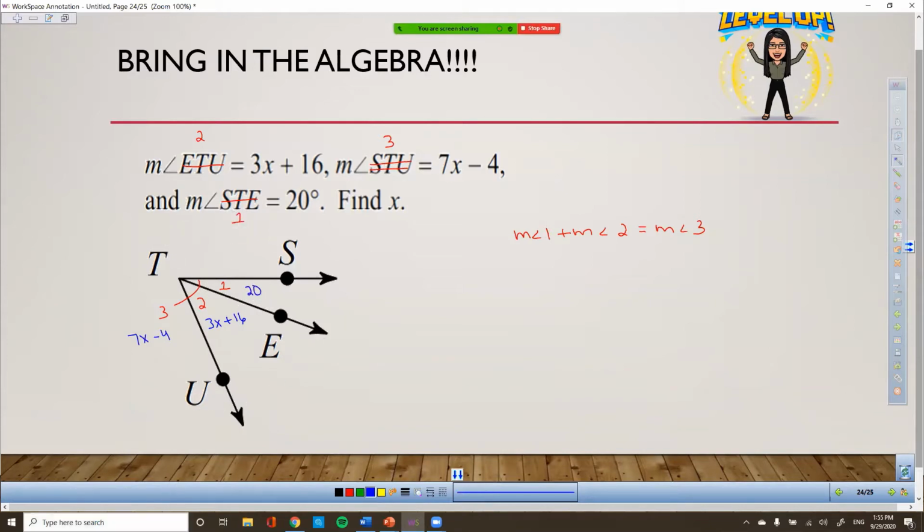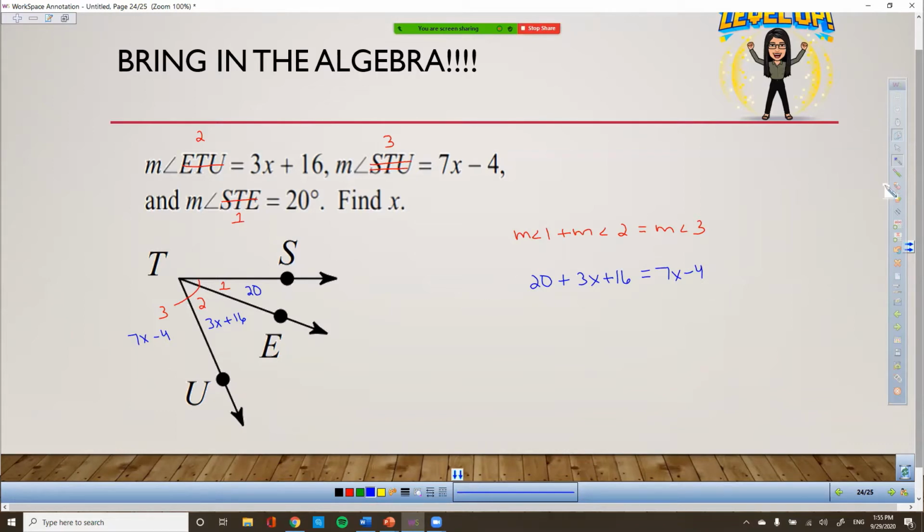They want me to solve for x. So in this case, now all I have to do is substitute everything into my equation. We found that the measurement of angle 1 is 20 degrees, plus the measurement of angle 2, they told me, is 3x plus 16. And that should equal the measurement of angle 3, which they told me was 7x minus 4. And there you go, I've got my equation now.